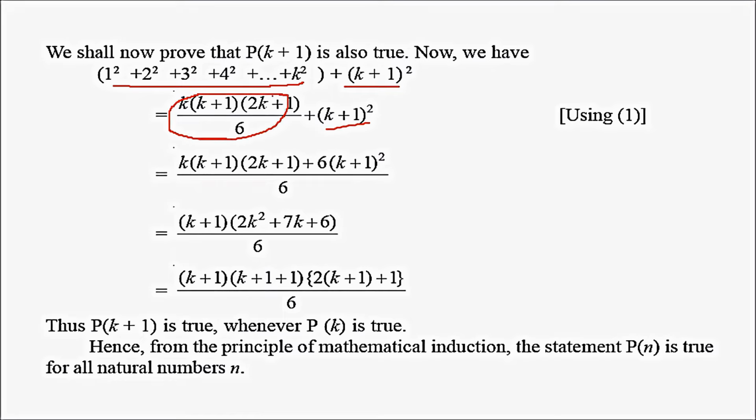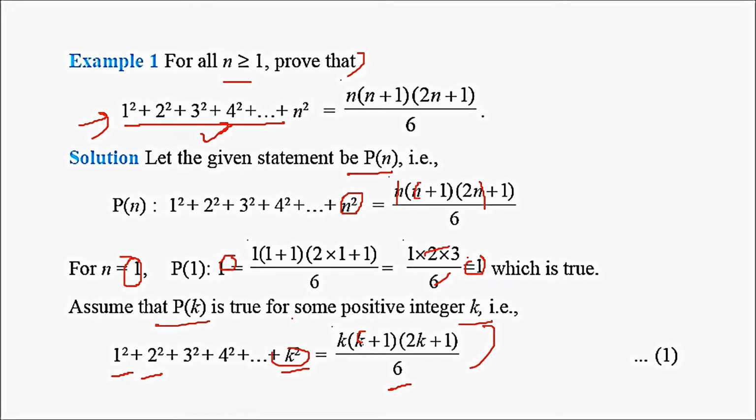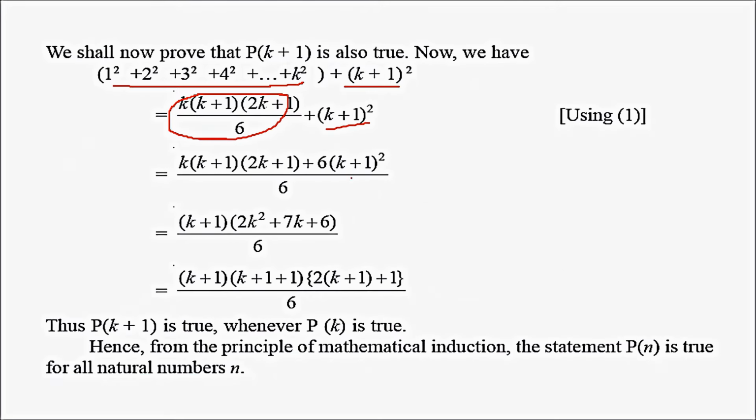This we already know, it is equal to k(k+1)(2k+1)/6 through equation 1. Let us place it here, and when we solve it, we see this is 2k squared plus 7k plus 6 after solving, and let me factorize it for you.